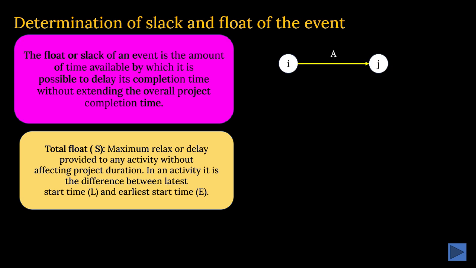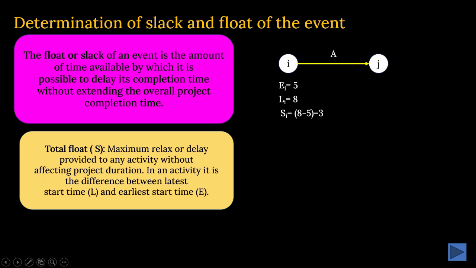So here the activity is A, starting from the ith node and completing at the jth node. Here the earliest start time at the ith node is 5 and the latest start time is 8 at the ith node.